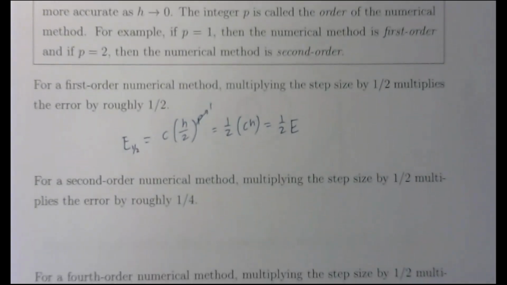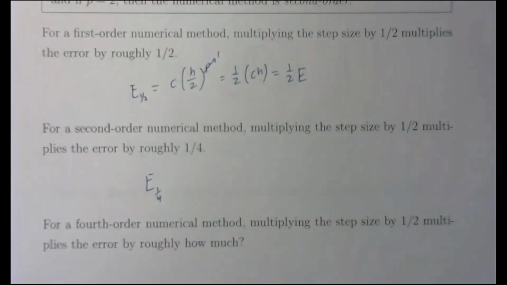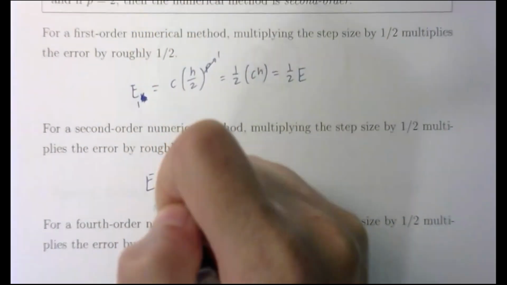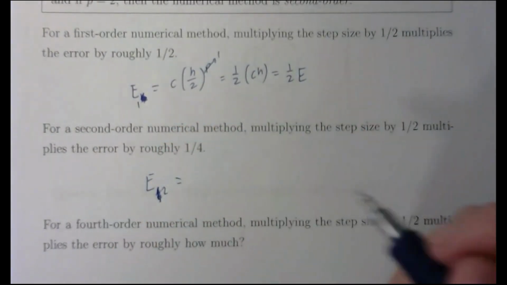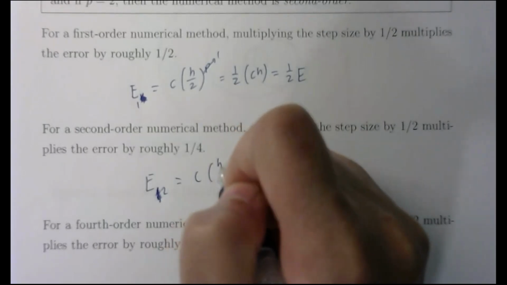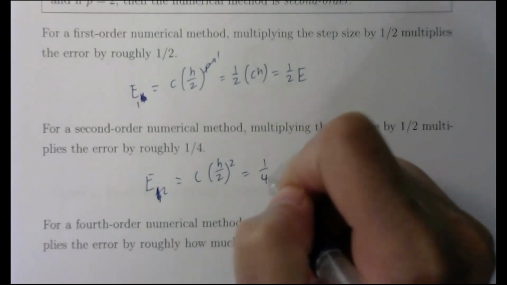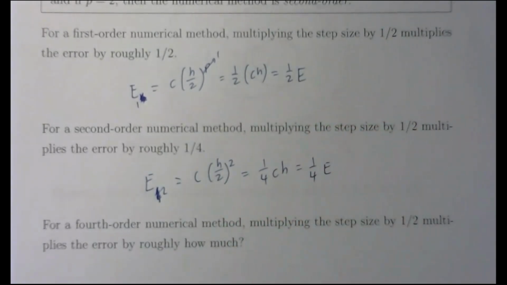For a second order system, let's make this a 1 here: error for a first order, error for a second order system. If I multiply the h by a half, but now my exponent is 2, I end up multiplying my original error by a 4th.